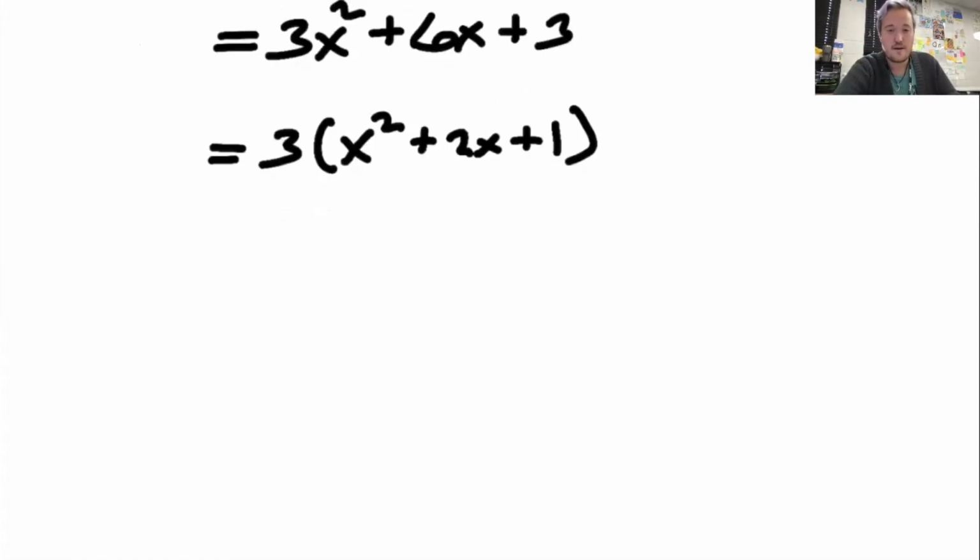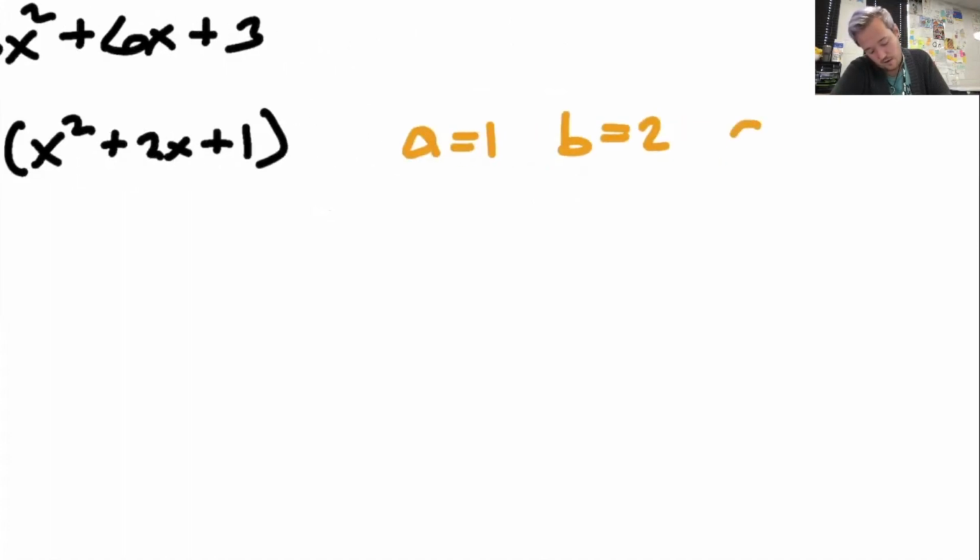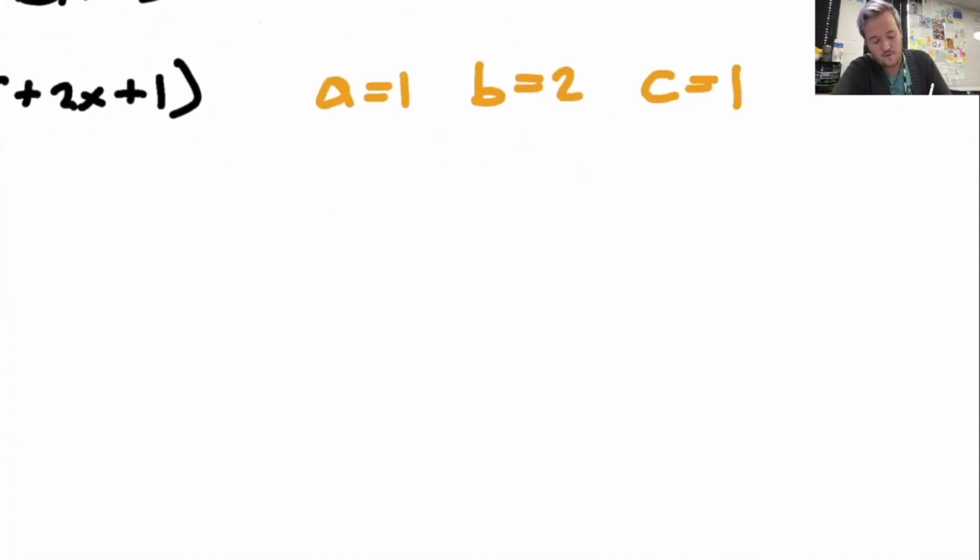Now I want to do my a, b, and c values. So a is 1, b is 2, and c is 1. I'm going to do my a times c, so 1 times 1 is 1. Factors of 1. Careful on this one.